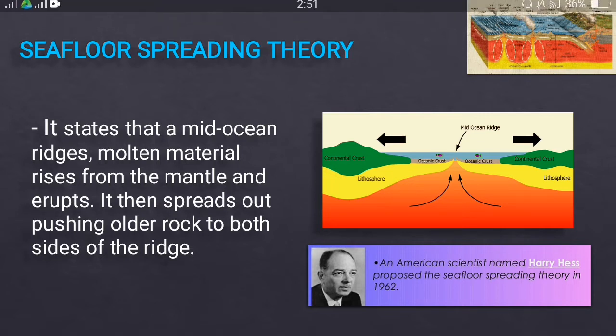Harry Hess theorized that the ocean floor is at most only a few 100 million years old, significantly younger than the continents. This is how long it takes for molten rock to ooze up from a volcanically active mid-ocean ridge, spread sideways to create new seafloor, and disappear back into the Earth's deep interior at the ocean trenches.